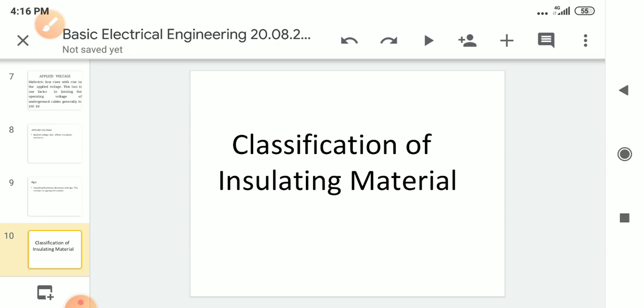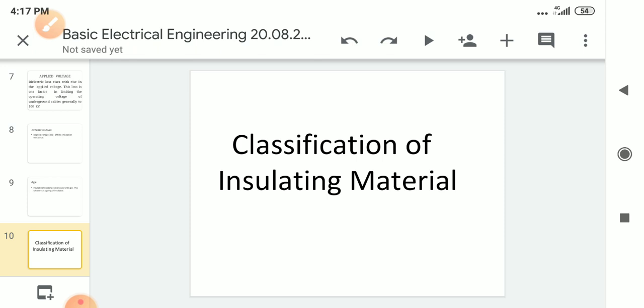After that, classification of insulation material on the basis of operating voltage. In any electrical apparatus, the insulation can withstand a fixed temperature. The operating temperature affects the life of the insulation.